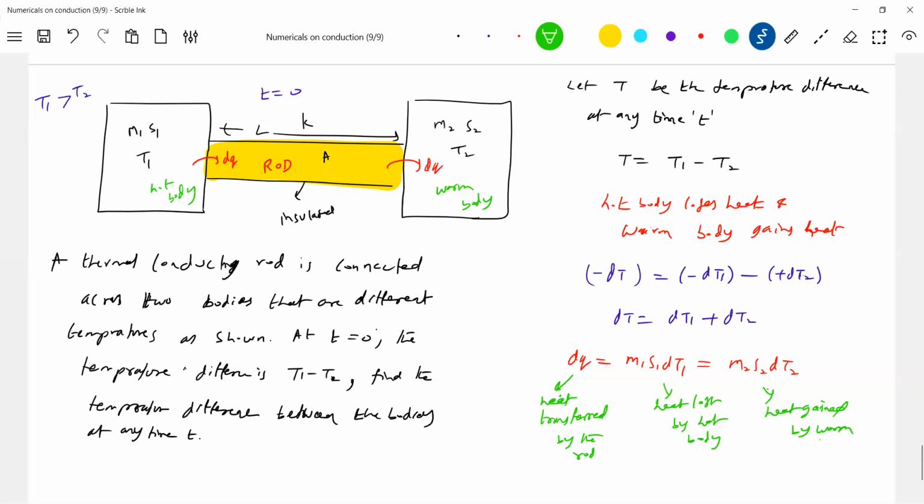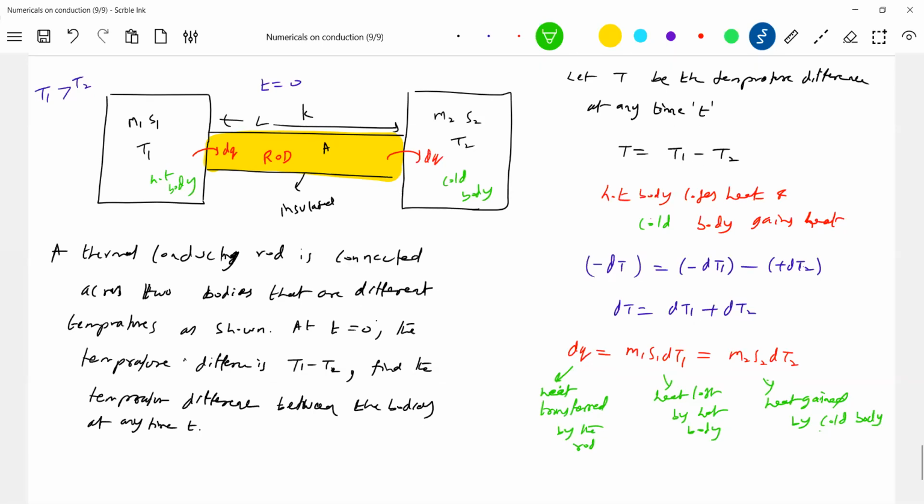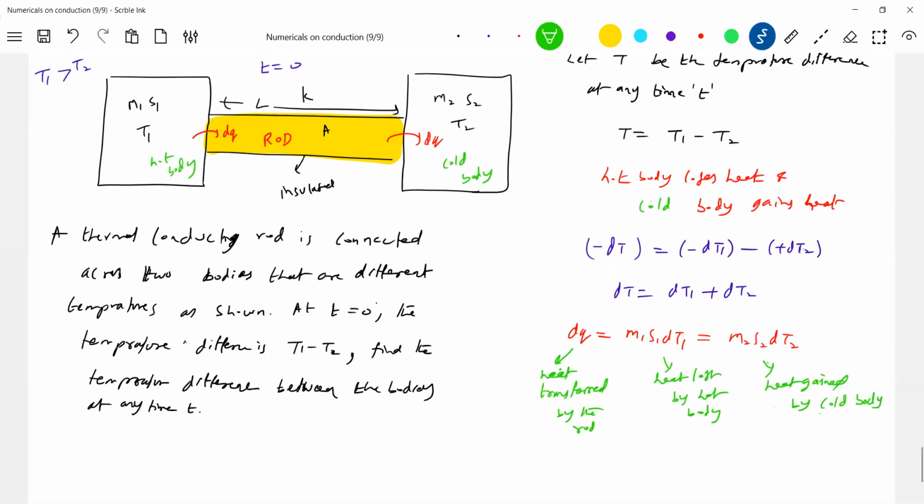Or if you want to write cold body, anything you want, I'll write it cold, so that it'll be easy for you. Hot, cold. Heat gained by cold body. Okay, I agree with this. So there's a condition.